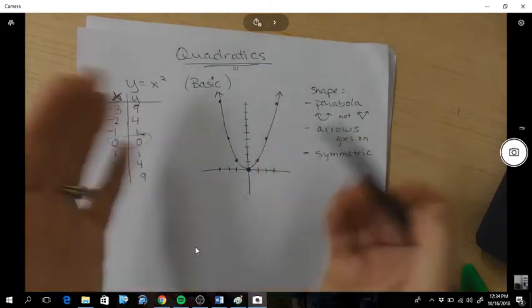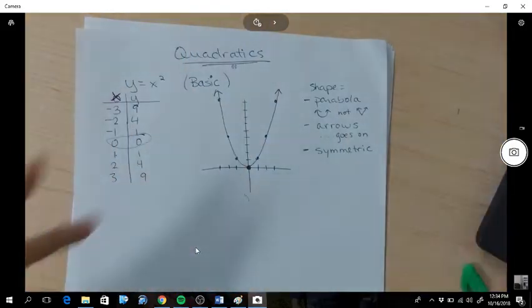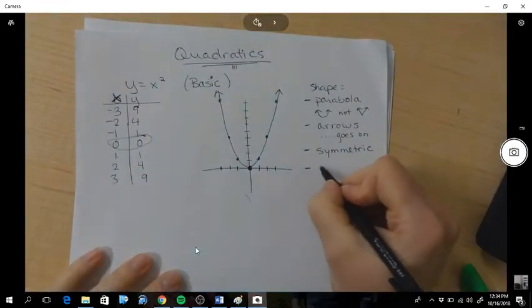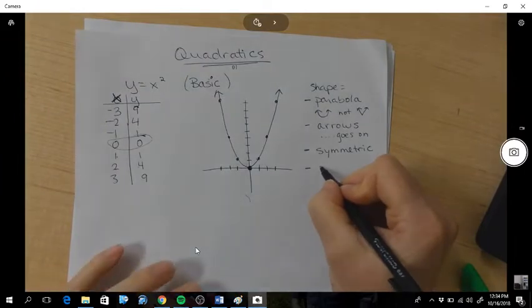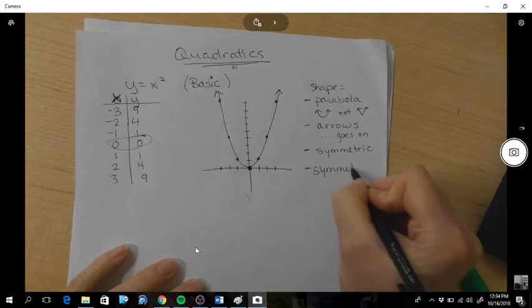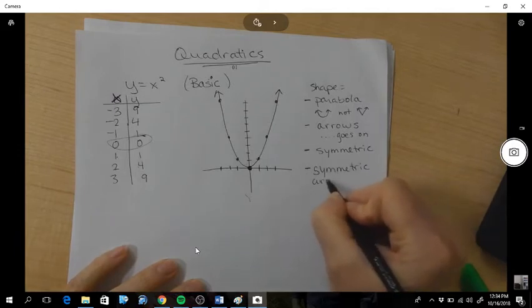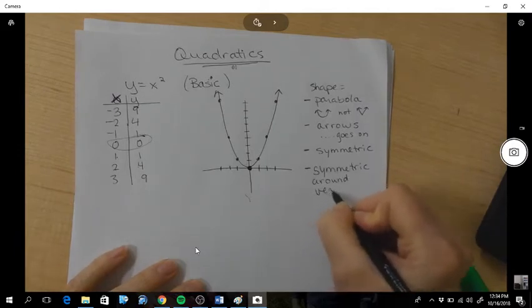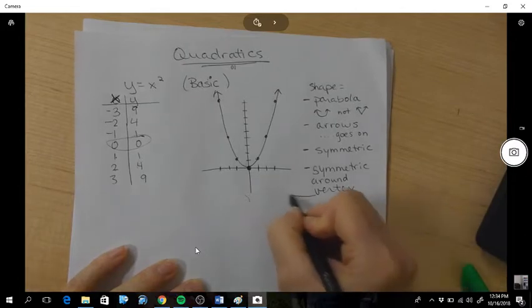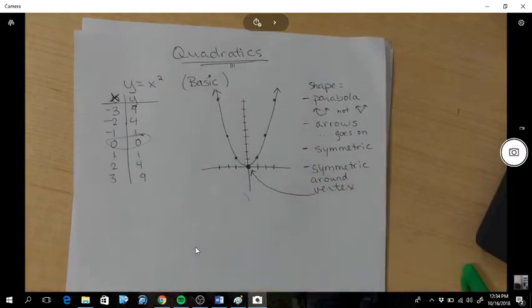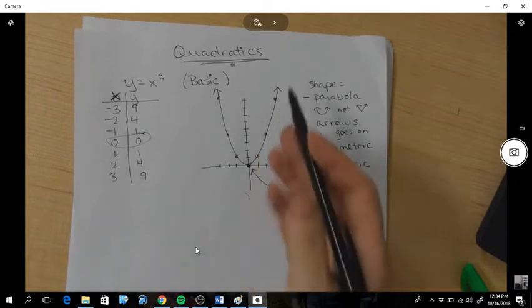Okay, so you can see that I could fold this in half, symmetric on each other, and it's symmetric around its vertex. So this is the vertex on this point. It's the most bottom point. Sometimes it might be the most top point, but that's the vertex. So it's symmetric around that.